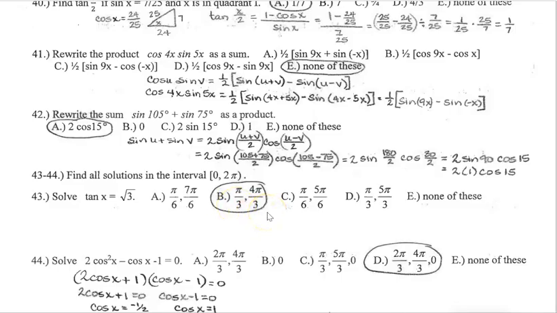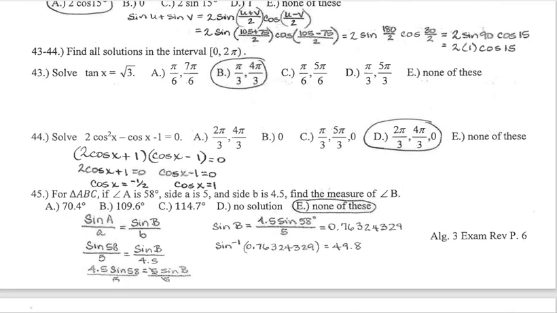All right, then for 44, still following those same directions of solving between 0 and 2 pi. All right, so I'm going to go through and factor this. So 2 cosine squared could only be 2 cosine times cosine. And then 1 could only be 1 times 1. So since this is minus, one side's going to have to be plus and one side's going to have to be minus.